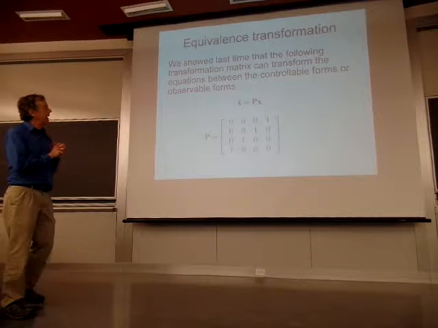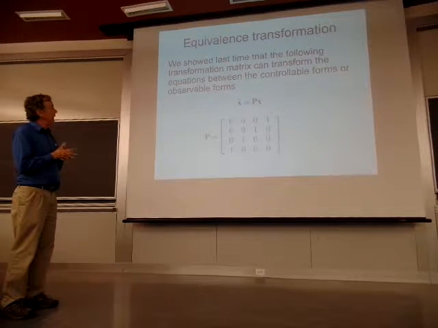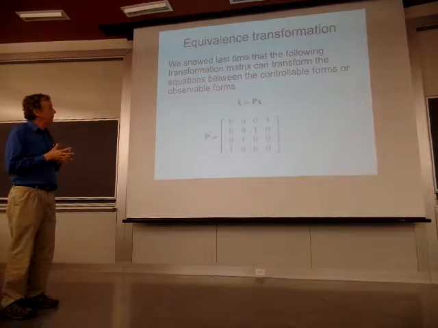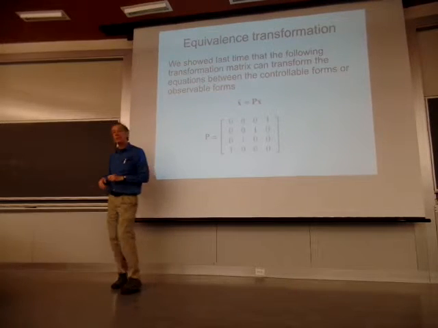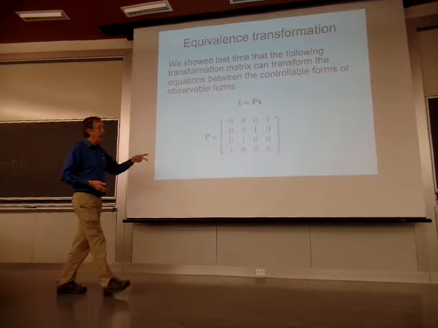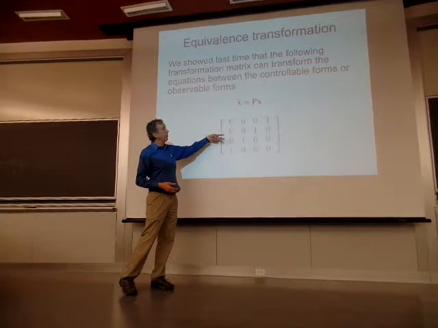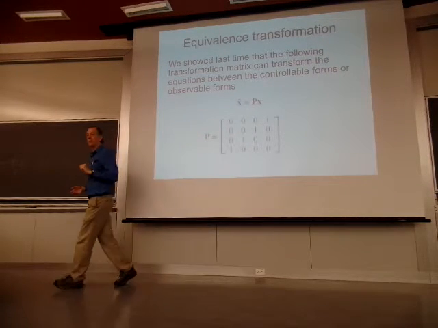So let's look at this. We can transform between the controllable forms and observable forms by this simple matrix, which is kind of like the Vandermonde matrix, but the diagonal is going the other direction. This will transform anything from controllable form to observable form, or observable to controllable form.